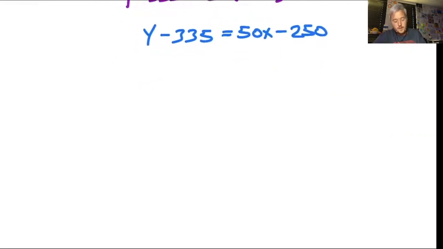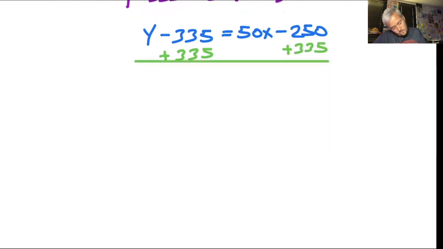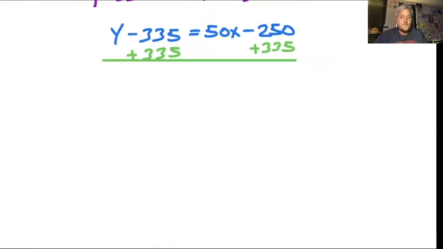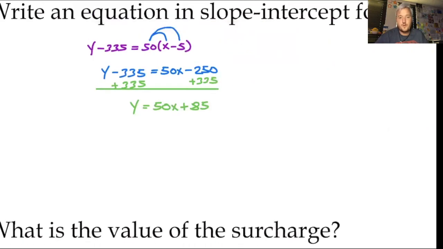First thing I'm going to do is add 335 to both sides. See if I can do math. What is that? 85? Yes. So y equals 50x plus 85. So that's our equation in slope-intercept form.